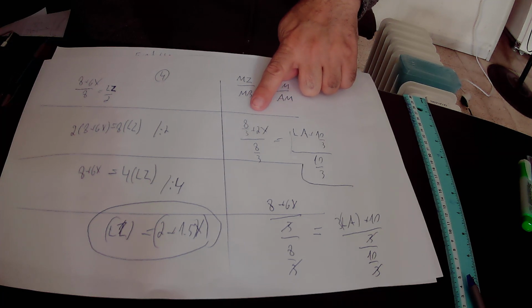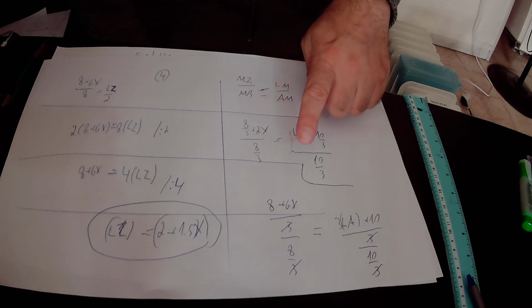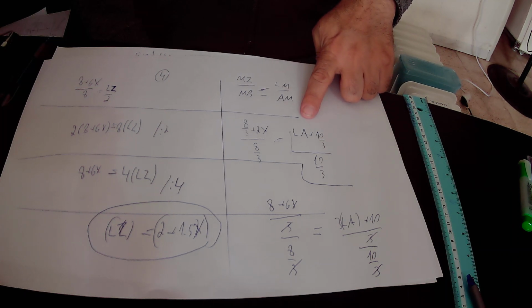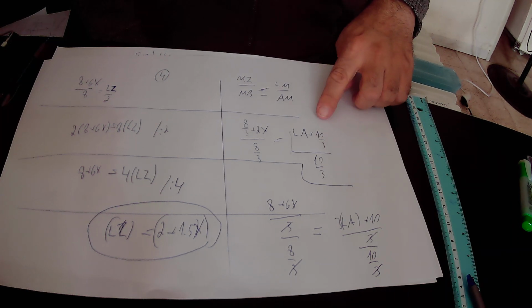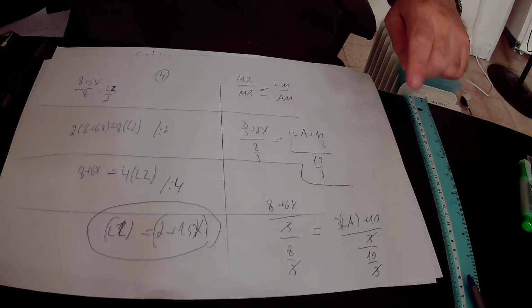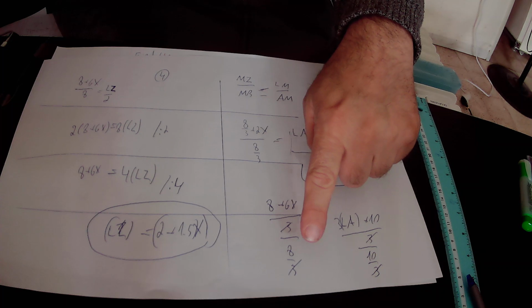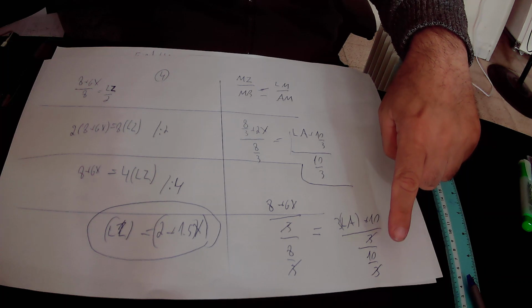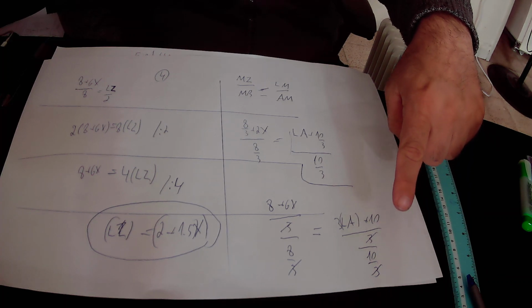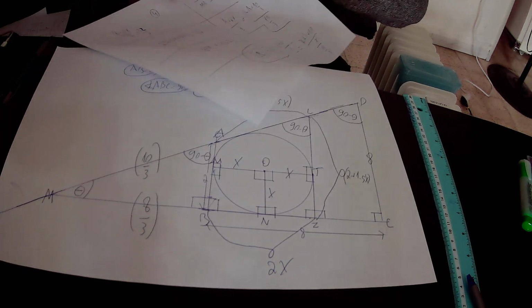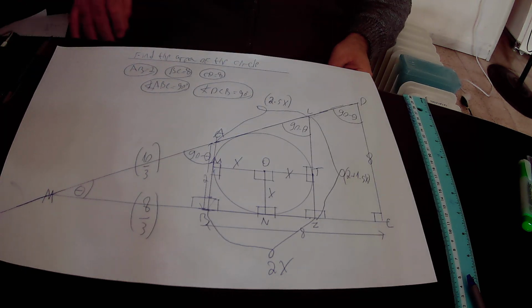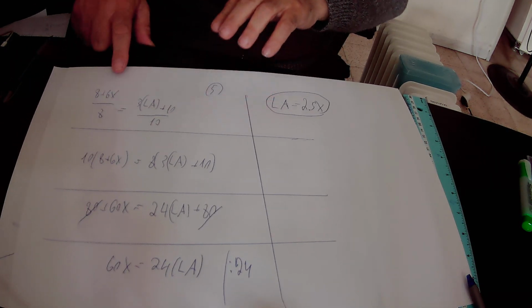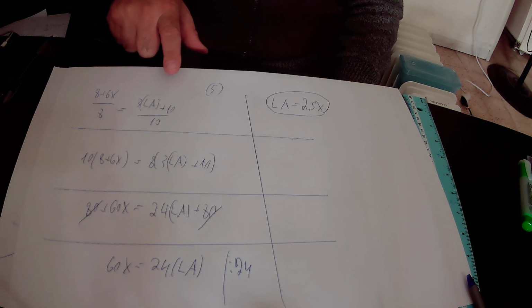So in the numerator we have 8 plus 2x times 3 is 6x, over 3, over 8 over 3, equal to 3 times LA is 3LA plus 10 over 3 over 10 over 3. The 3s in the numerator and denominator get cancelled, and we are left only with 8 plus 6x over 8 equals 3LA plus 10 over 10.